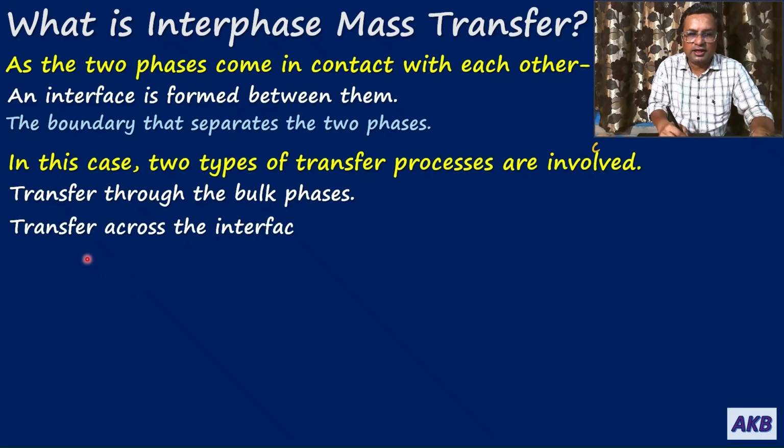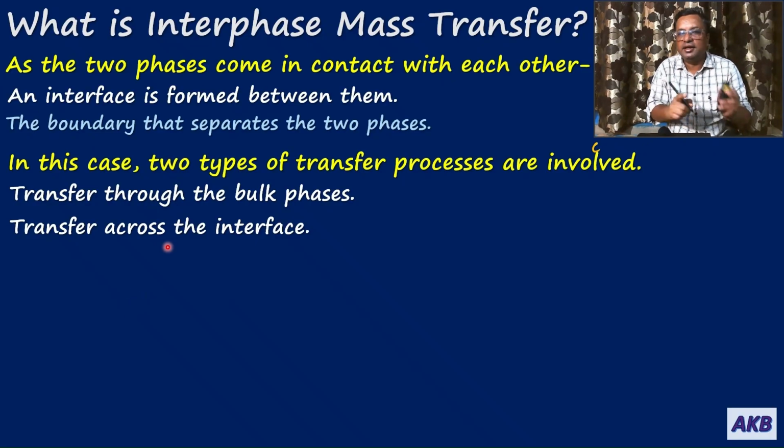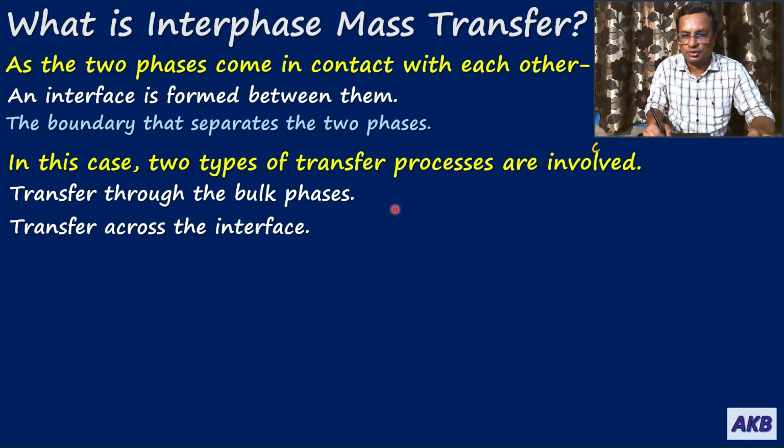And the second type of transfer is transfer across the interface. I will show it schematically. For the time being, you need to understand that in interphase mass transfer, two types of transfer processes are involved. One is transfer through the bulk phases, and then transfer across the interface, which is the boundary between the bulk phases.